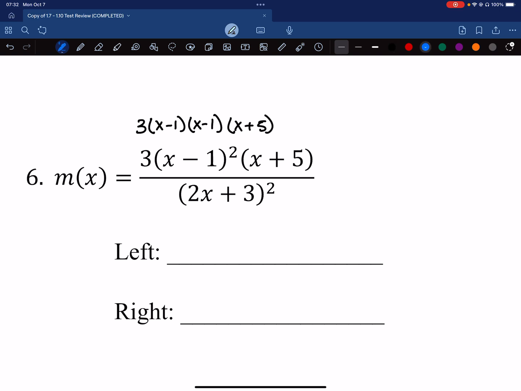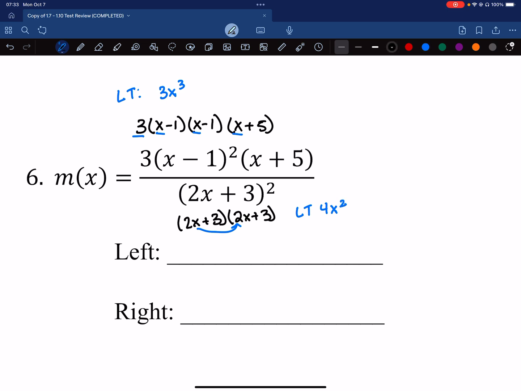If we were to multiply it, we would multiply the 3 times x times x times x, and that would give us a leading term of 3x to the third power. On bottom, we could rewrite this as 2x plus 3 times 2x plus 3. If we were to multiply this out, we would get a leading term of 4x squared.